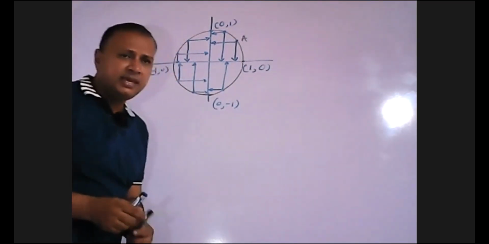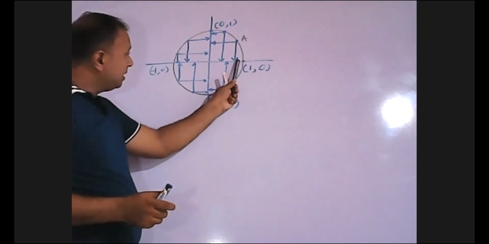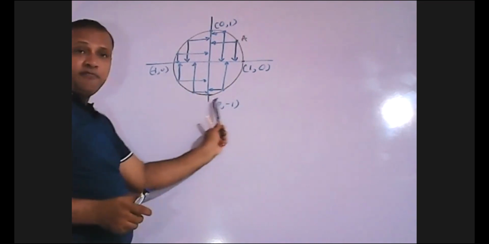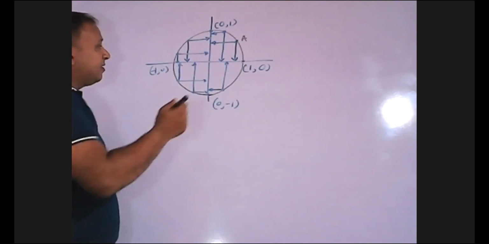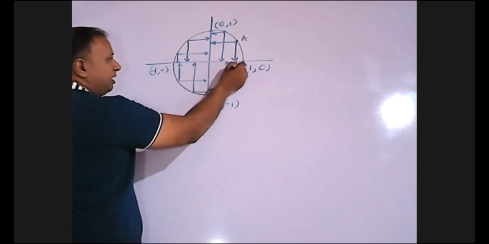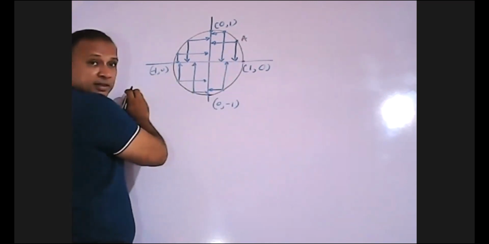Look at this. That means the x value of any point on the unit circle is in between 1 and minus 1, no?